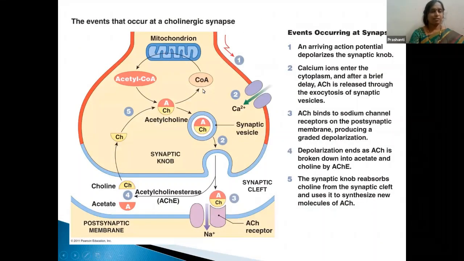So this is the synapse, children. Here, it is a connection that mediates the information transfer from one neuron to another neuron. This is the picture of the cholinergic synapse, and this releases the acetylcholine neurotransmitter.